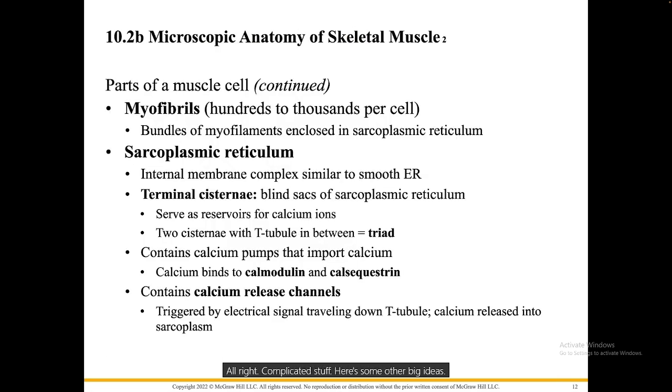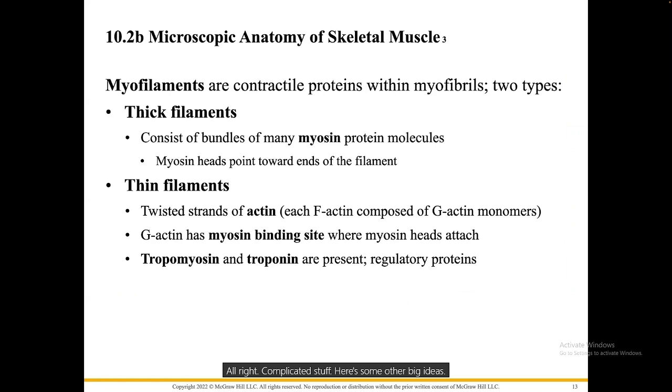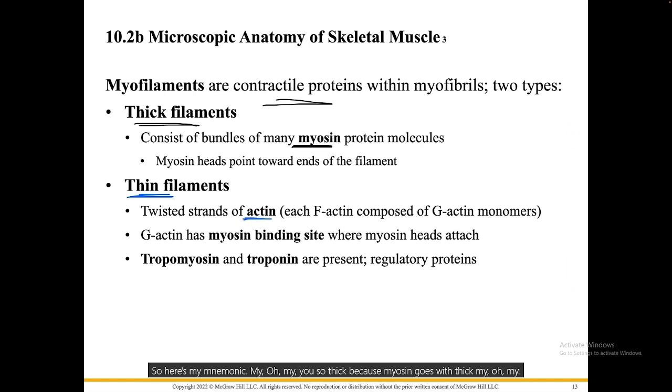All right, complicated stuff. Here's some other big ideas. In order to move, we need contractile proteins, things that can contract. And we have two types. We're going to do some word association. Thick filaments have lots of myosin versus thin filaments have more actin. So here's my mnemonic.